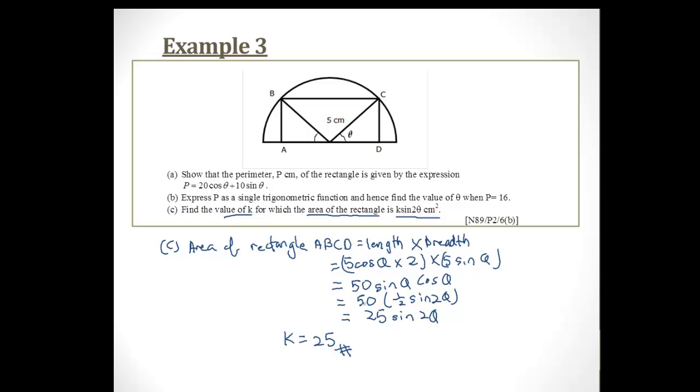So half times 50 will yield 25 sine 2 theta. After comparing the answers, I find that the value of k is 25. So we have completed the example on the application of the R formula in word problems. I hope you have enjoyed yourself.